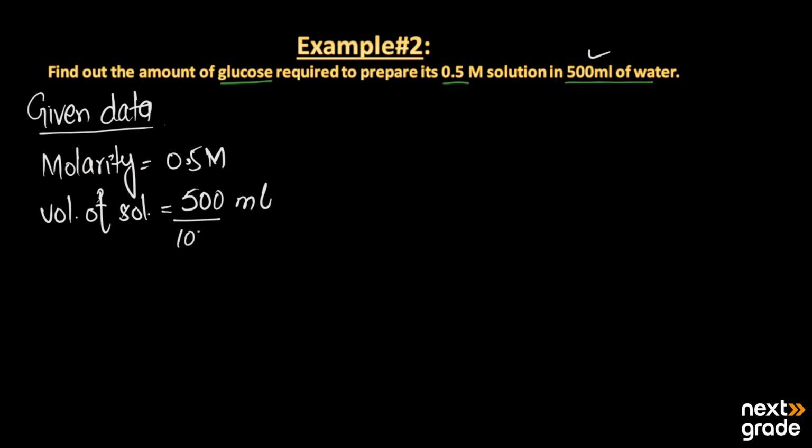By dividing it by 1000, we will convert it into dm cube, 0.5, or liters. We can write it as dm cube, or we can also write it as liter. It's up to us.